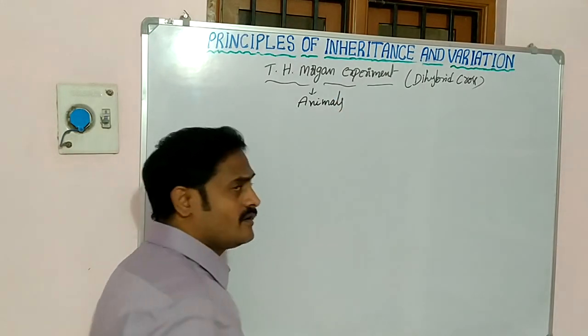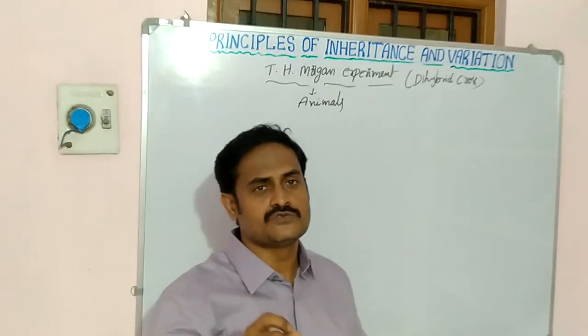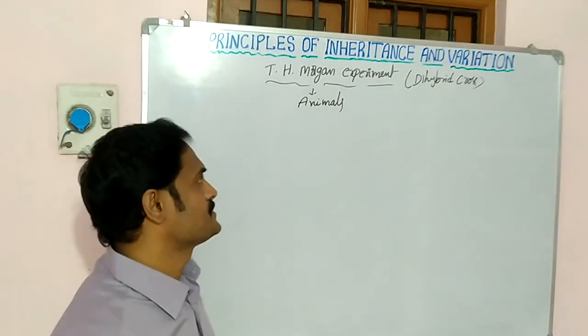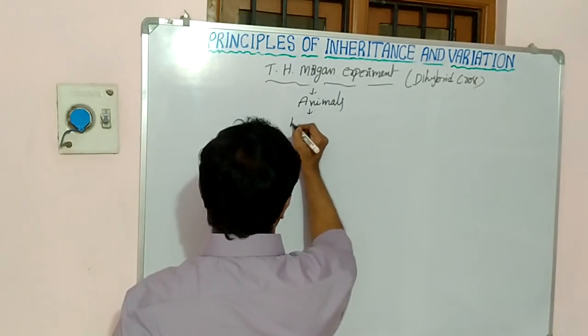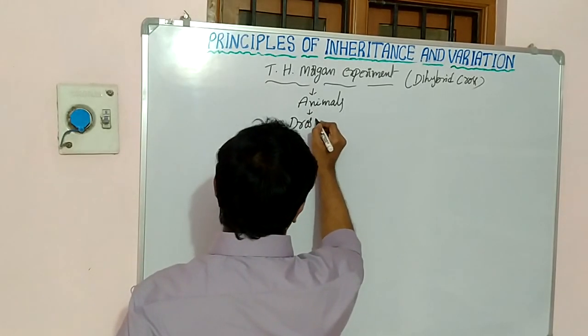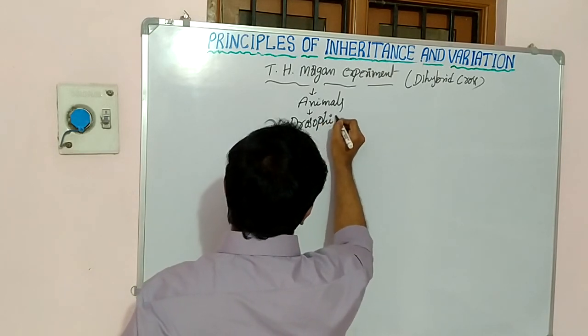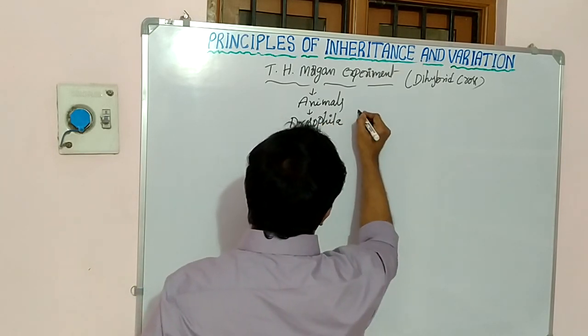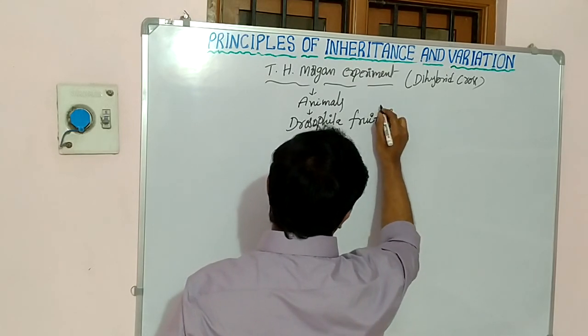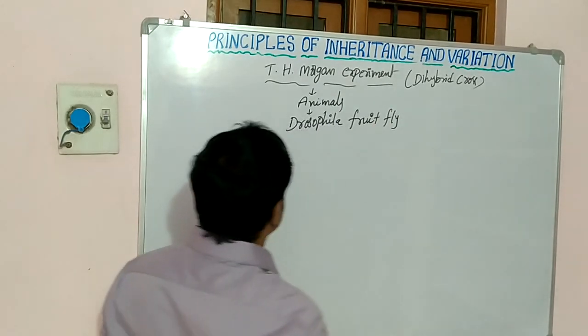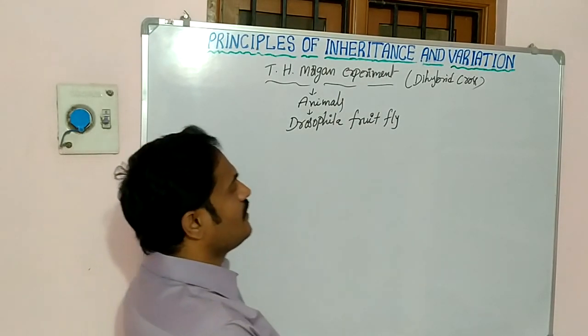So which type of animal did he choose for his experiments? That animal is called Drosophila, the fruit fly.